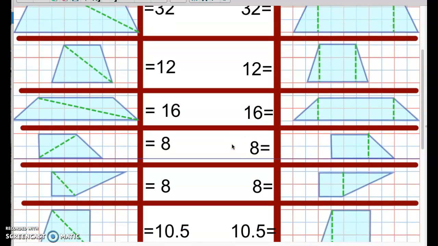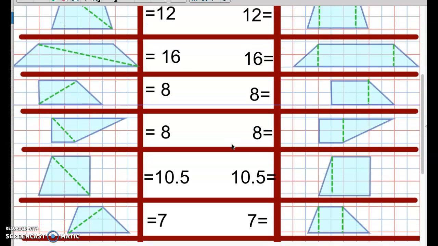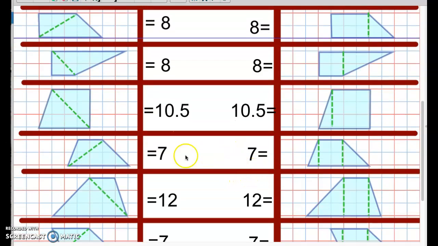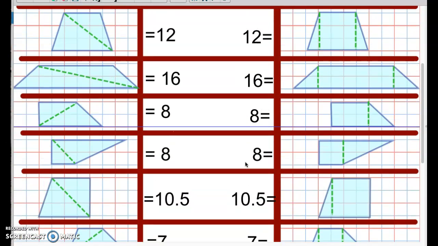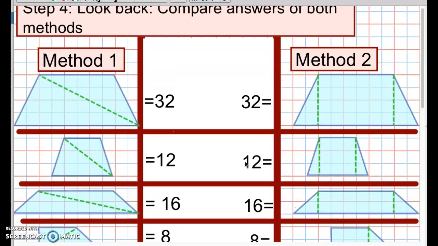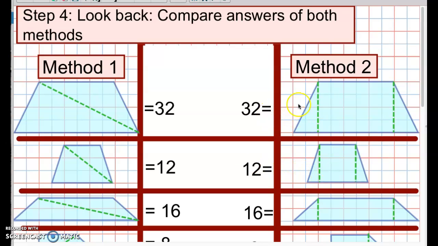And so our area calculations are correct using either method. And so this is just one way that you can support your answer by taking a second look at it and saying, hey, could I find this answer a different way? And that can help you support your answer and be more confident in it.